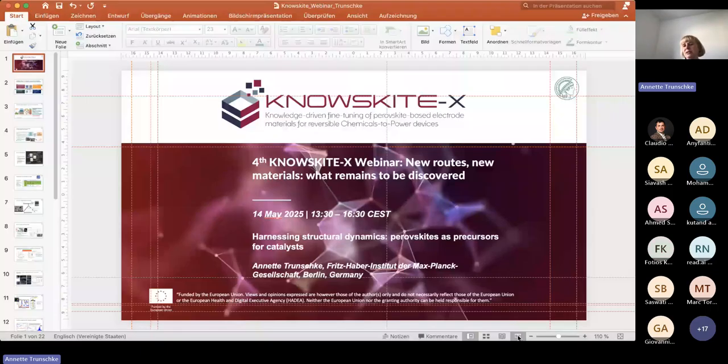continuously, and we can have a much lower inelastic mean free path, meaning information depth, compared to a lab-based XPS source.